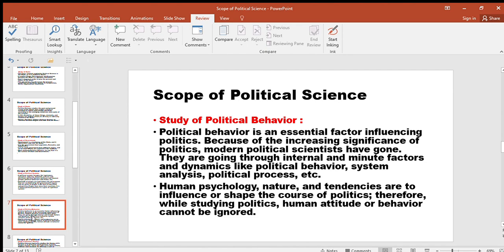They are going through internal and minute factors and dynamics like political behavior, system analysis, political processes, etc. So, human psychology, nature, and tendencies influence or shape the course of politics. Therefore, while studying politics, human attitude or behavior is also important.